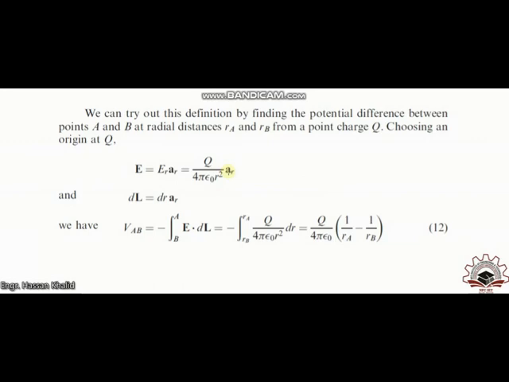And if we have been specified the radius within the cylinder, by integrating from the initial point R of B to the final point R of A for the given value of the charge, we can easily find the potential difference within that specified region inside the cylindrical pipe, cylindrical wire, or any cylindrical surface.